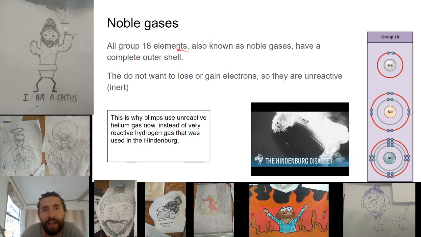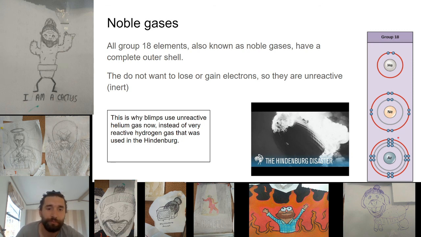So all group 18 elements, the ones on the far right, are known as noble gases, and they have a complete outer shell. So here's helium, it's just got 2 electrons in its first shell. Neon, it's got 10 electrons, so 2 in its first shell, 8 in its second. Argon, 2 in its first shell, 8 in its second, 8 in its third. So they all have complete outer shells. What this means is they don't want to gain or lose electrons, so actually they are very non-reactive.